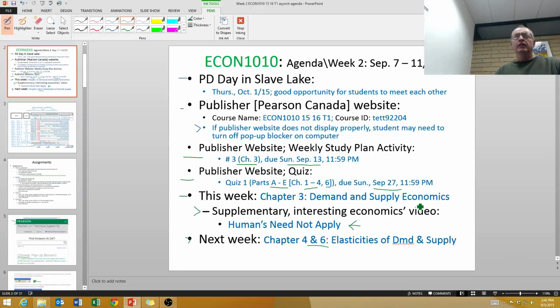Today we're talking about supply and demand curves, and we talk about how demand curves can shift horizontally due to changes in non-price factors. And a common non-price factor, especially on the supply side, is changes in technology.